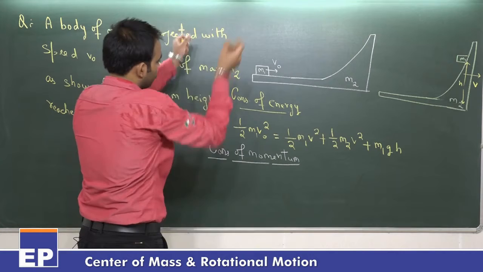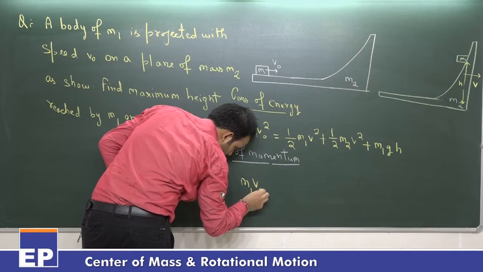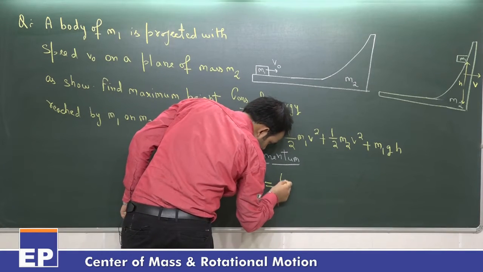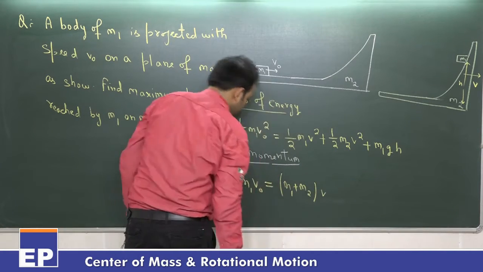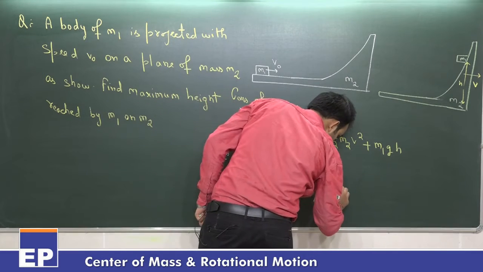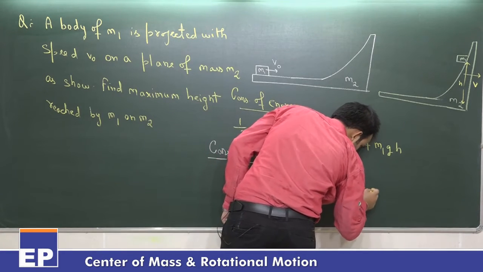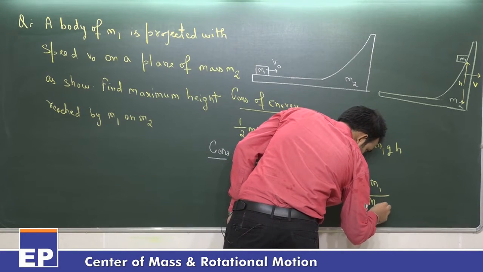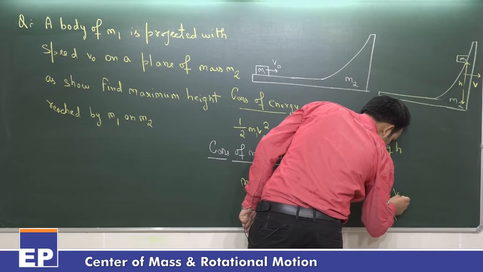Initially the mass m1 is moving with v0, so we write m1 v0, and at the end both are moving with v, so m1 plus m2 into v. So what is the value of v? v is m1 divided by m1 plus m2 into v0.